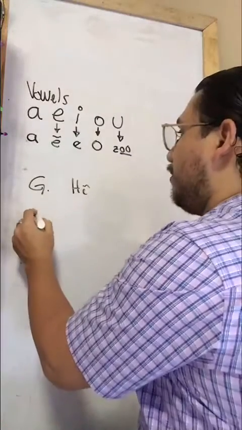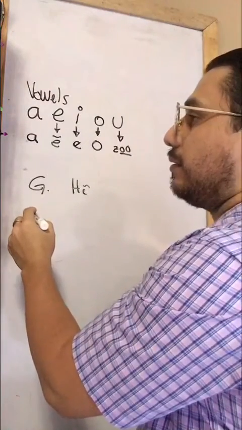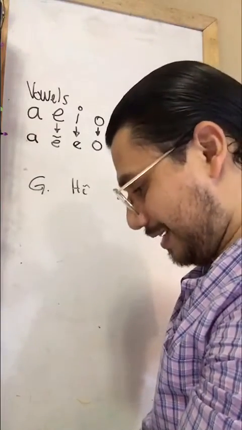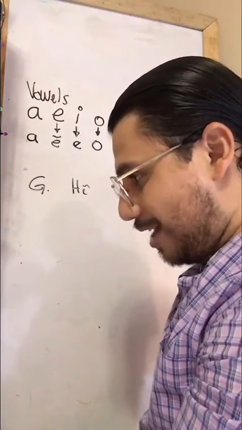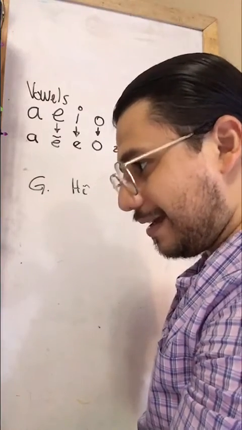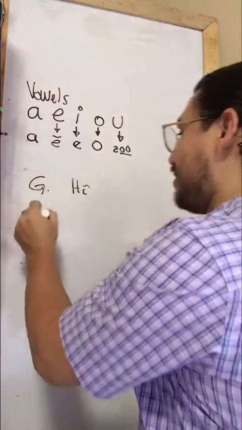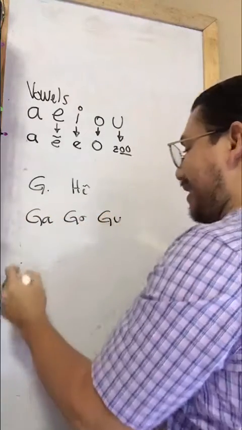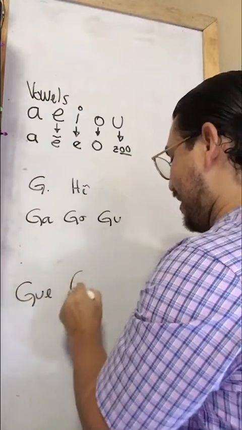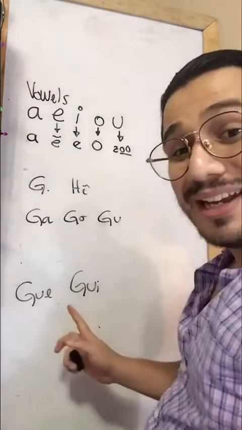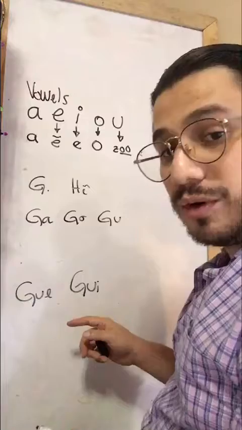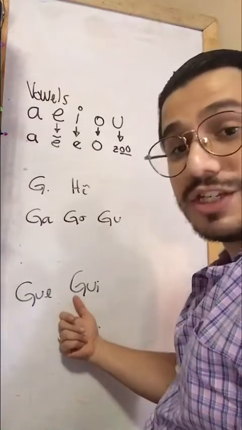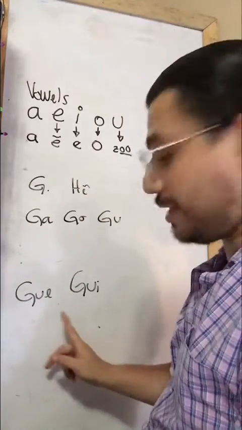And then I think, if I don't remember, it's been 25 or 30 years, it was ga, go, gu, and then ge and gi. If I'm not incorrect, because sometimes when we write words with e and i mixing it with a g, we make use of a u in the middle of them.